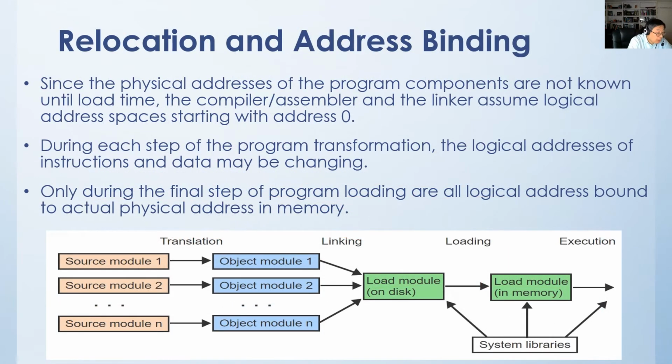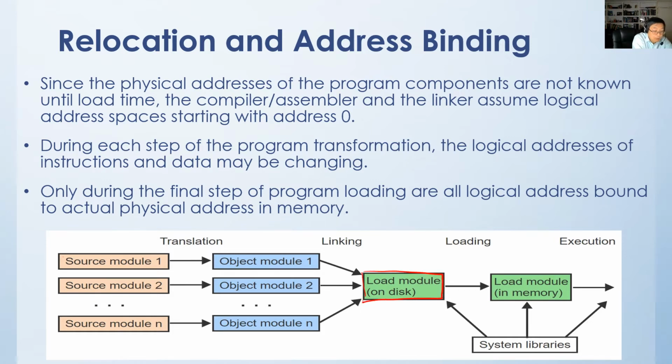So we know that in the program transformations, a program may have multiple source modules. Each source module is transformed into an object module using either the compiler or the assembler. Then these object modules are combined to create a load module using the linker.